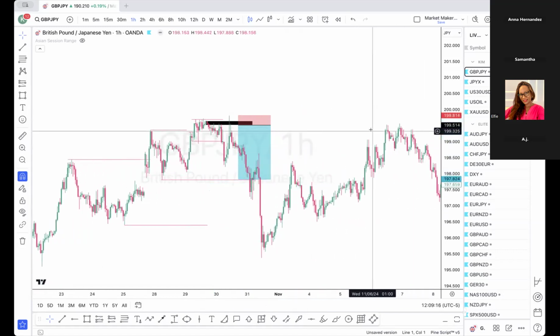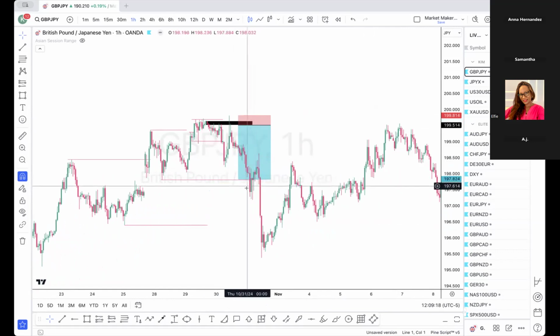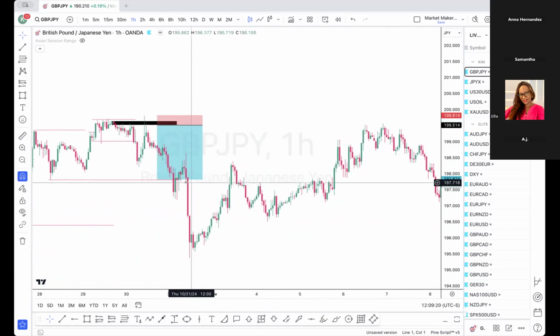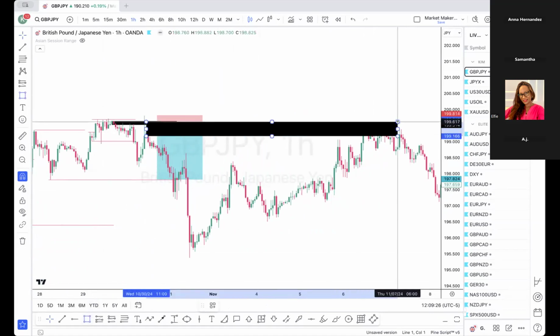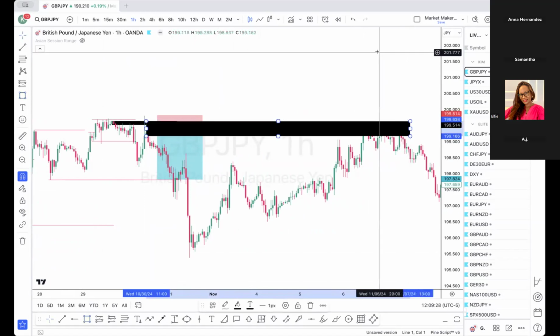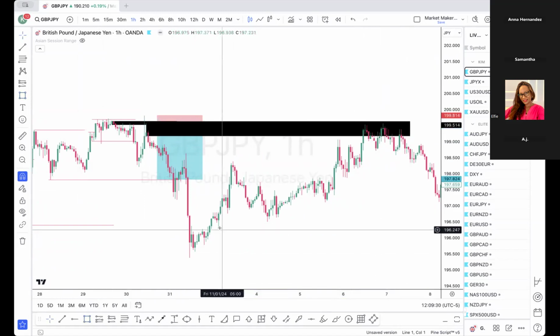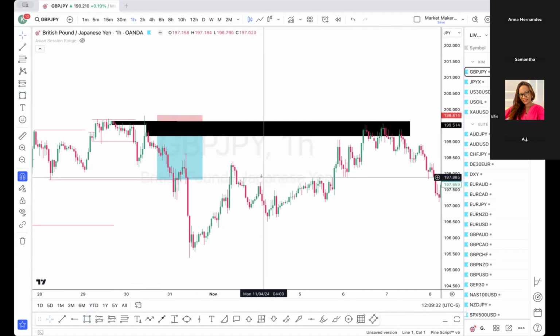Once it broke this structure here, my next supply zone is here. So I know that price is going to pull back somewhere up there. That's when I would get out of the hedge, the buy hedge.